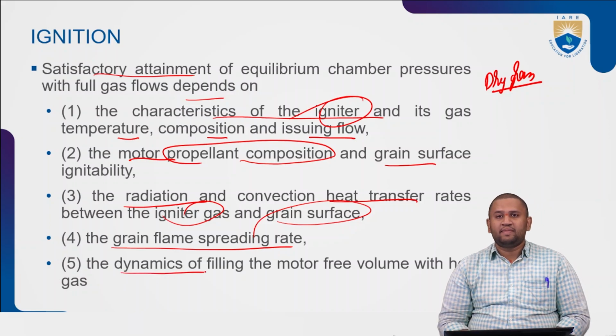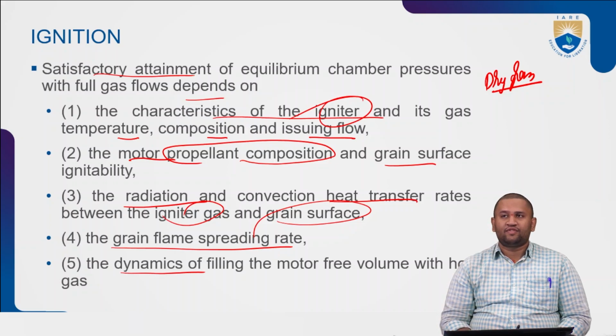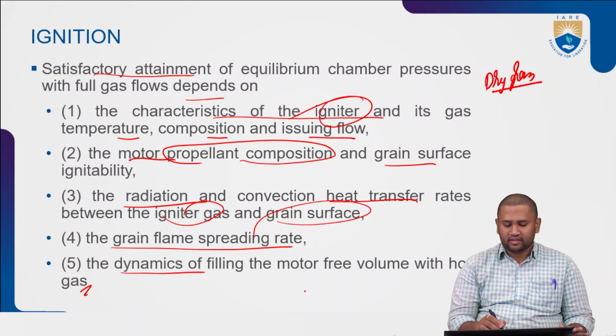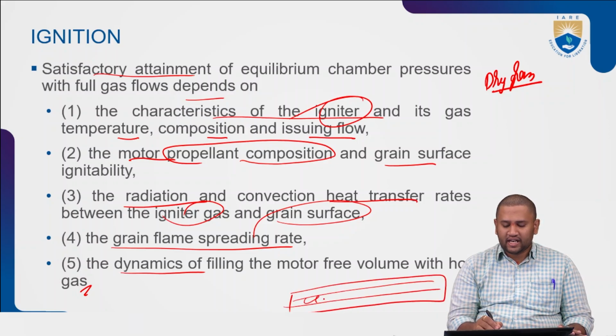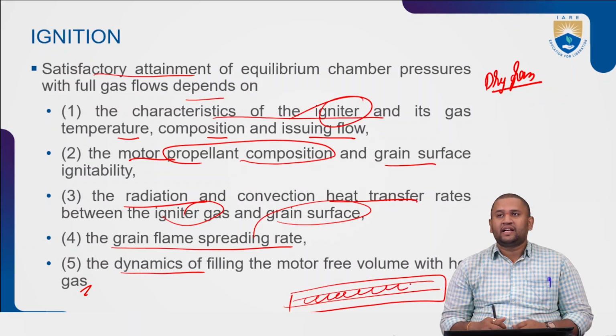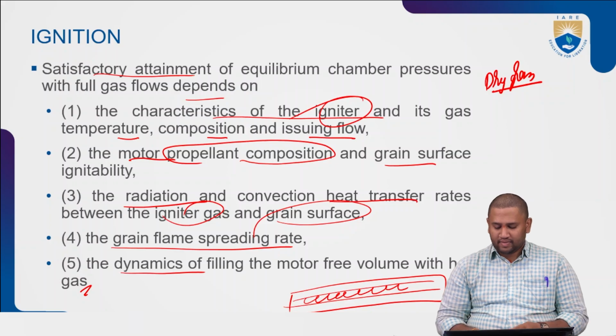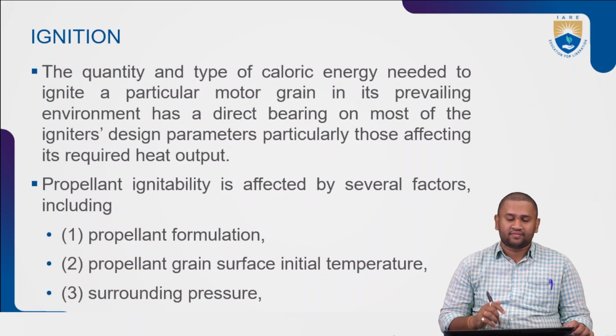Next, the dynamics of filling the motor free volume with hot gas. With what speed inside the cavity do we fill it with the gases that are being generated from my exhaust gases, particularly the igniter gases?